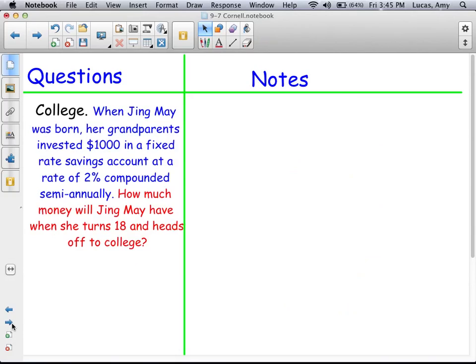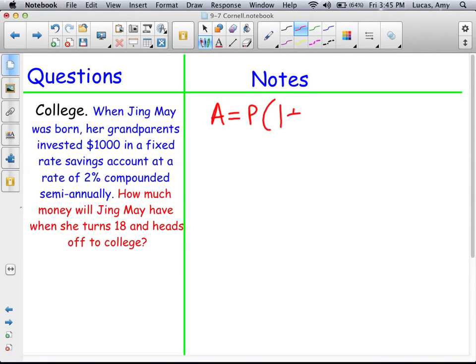One more example with that compound interest formula. A equals P times 1 plus r over n, the nt power. Okay. When Jing Mei was born, her grandparents invested $1,000. So that is my principal. And it's in a fixed rate savings account at a rate of 2%.